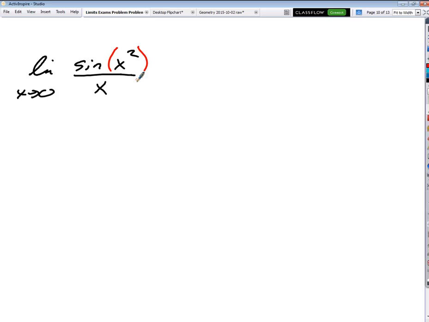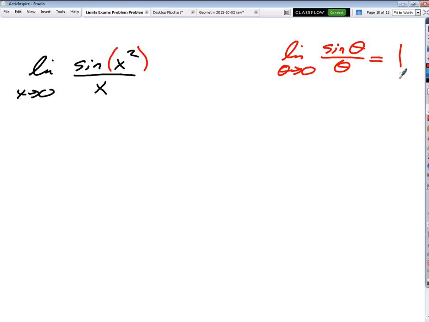So we need a theta. The special trig limit we're trying to get is one of the two we talked about earlier in the year: the limit of sine theta over theta as theta approaches 0, which we recognize as 1. What's our theta going to be here? There's a definite right answer.